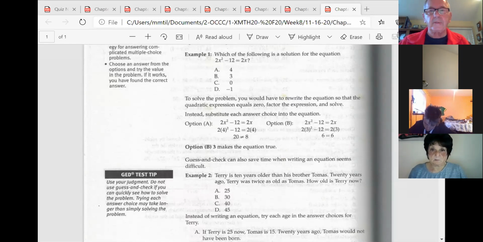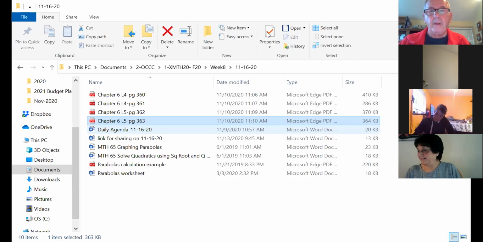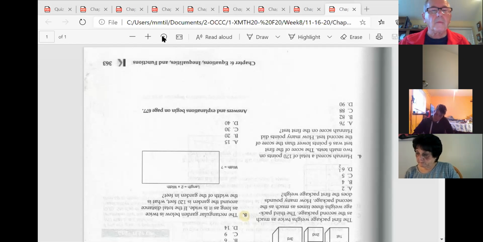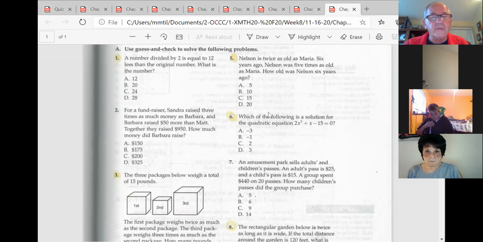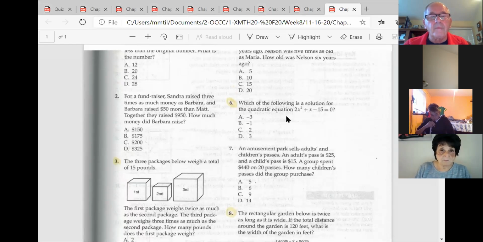I'm going to go right to the next page here. 1, 3, 6, and 8. I don't know why they spend so much time on some of this stuff. Instead of doing 5, I just want you to do 1, 3, 6, and 8, okay?